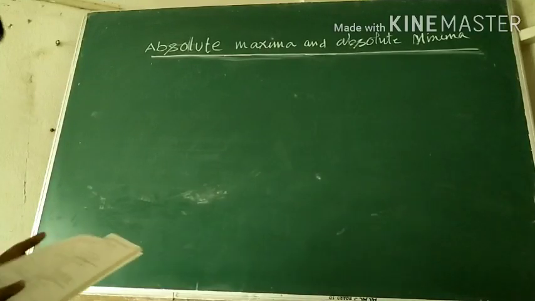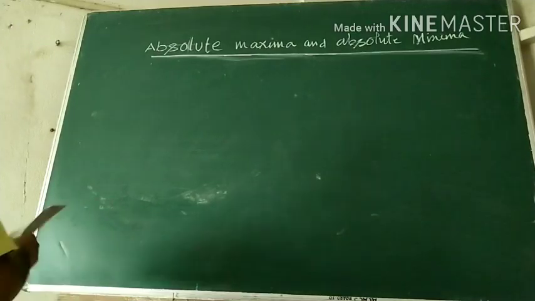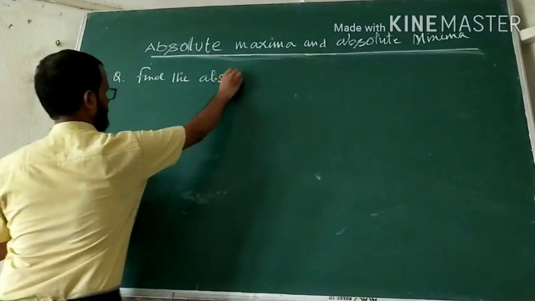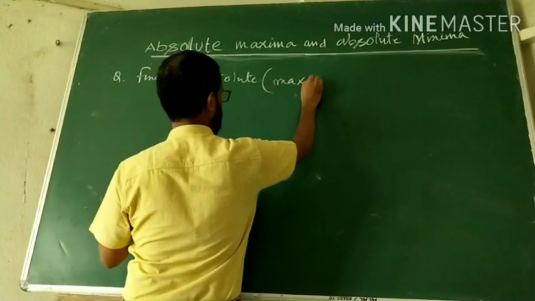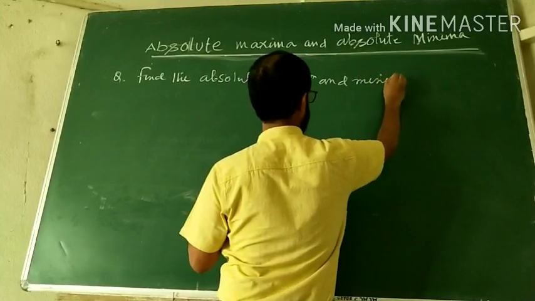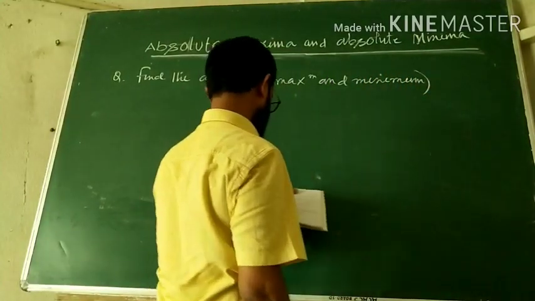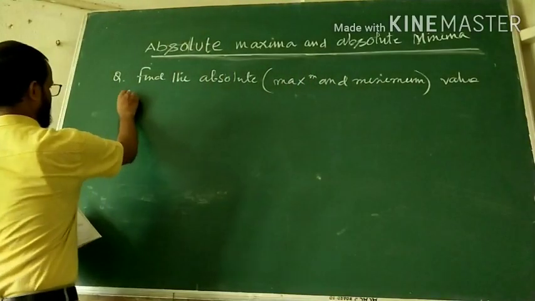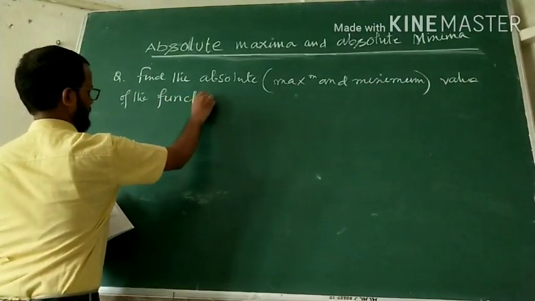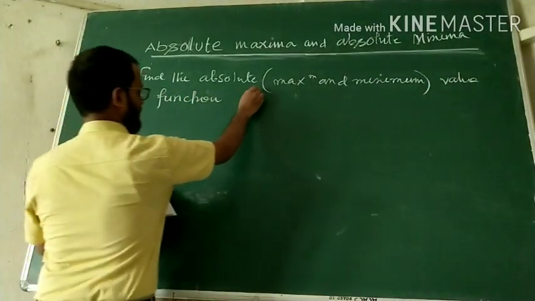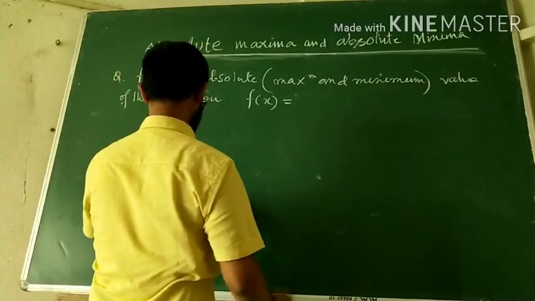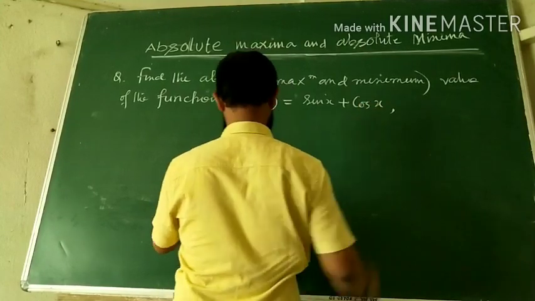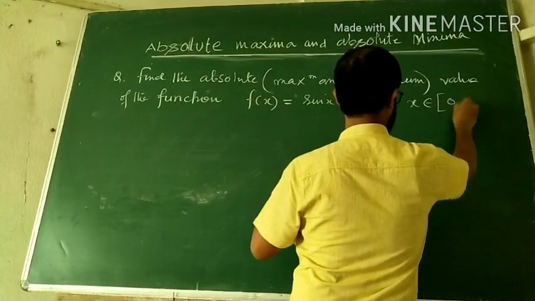The question is: find the absolute maximum and absolute minimum value of the function f(x) equal to sin x plus cos x, defined on the closed interval 0 to pi.